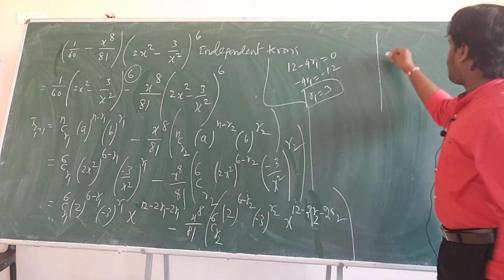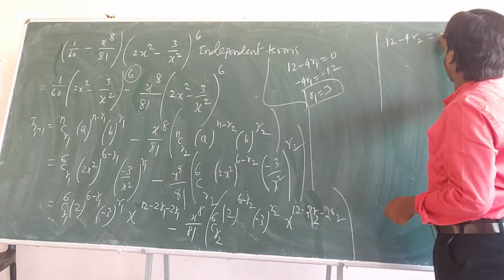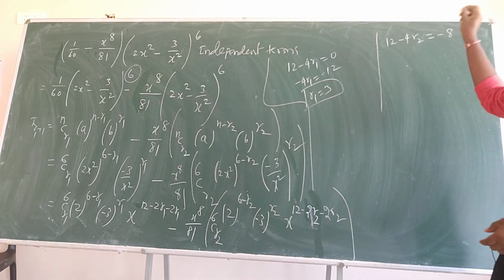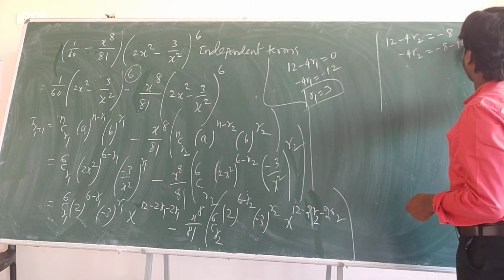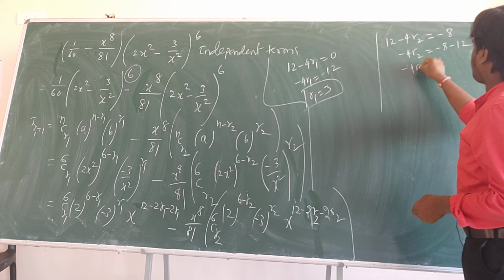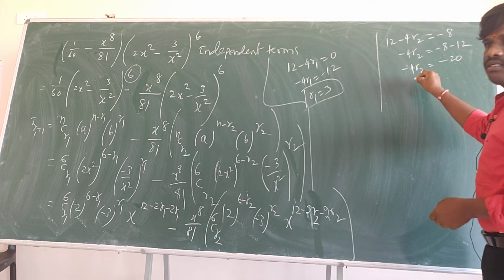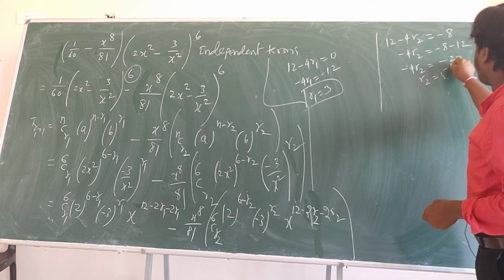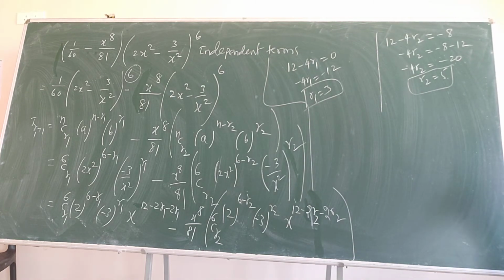So here I'll write 12 minus 4r2 is equal to minus 8. So minus 4r2 is equal to minus 8 minus 12, minus 4r2 is equal to minus 20. Correct? r2 is equal to 5. So r1 is 3, r2 is 5 is the answer.